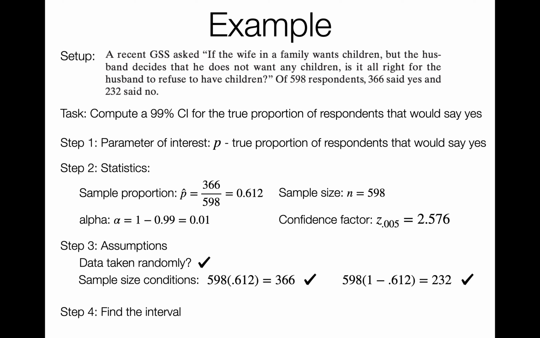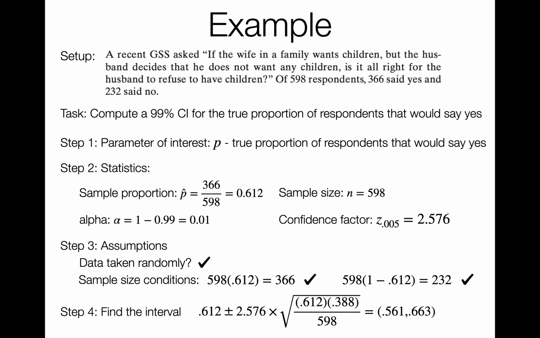Step 4 is to actually find the interval. So I substitute all the numbers into the formula: p hat plus or minus that confidence factor, 2.576, times the square root of p hat times 1 minus p hat divided by n.